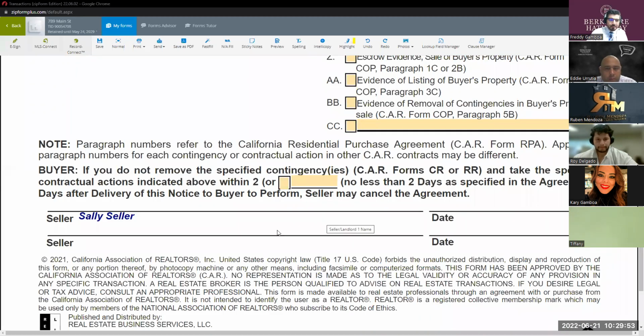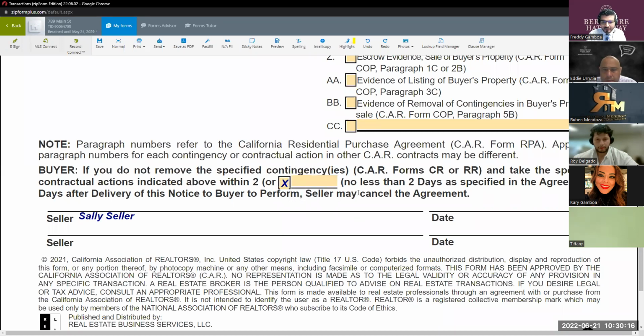And it says, buyer, if you do not remove the specified contingencies, C.A.R. form CR or C.A.R. form RR, and take the specified contractual actions indicated above within 2 days, now you cannot go less than 2 days. It needs to be 2 days or more.